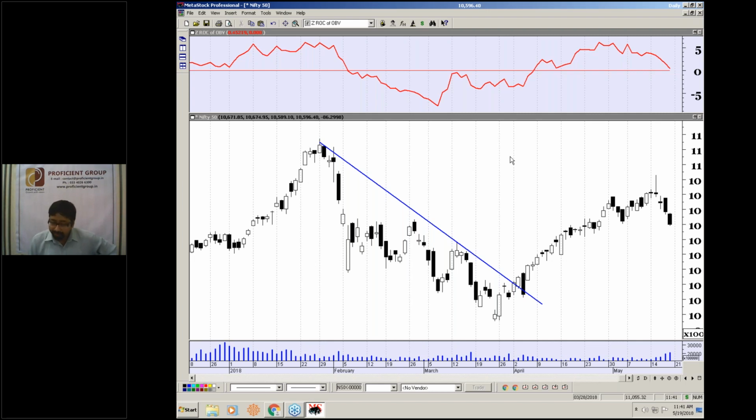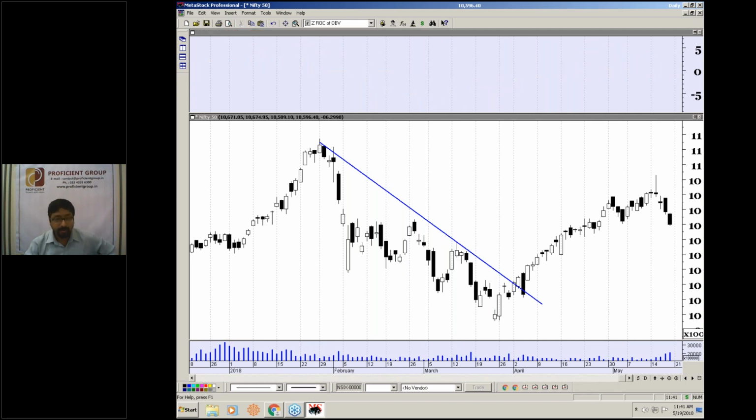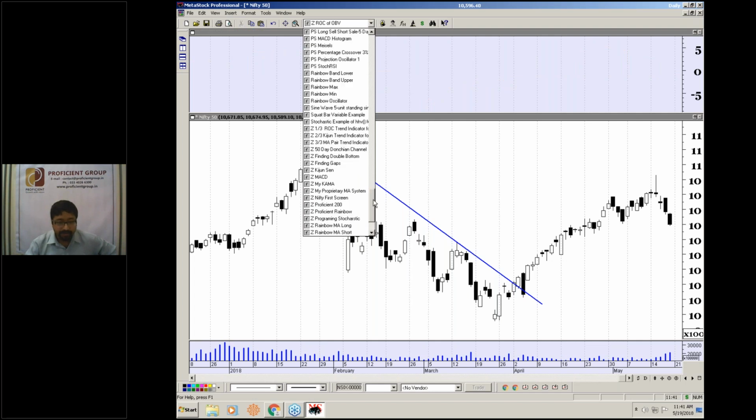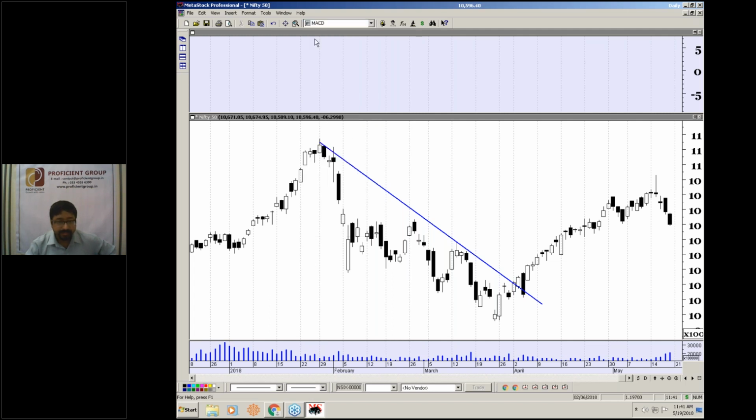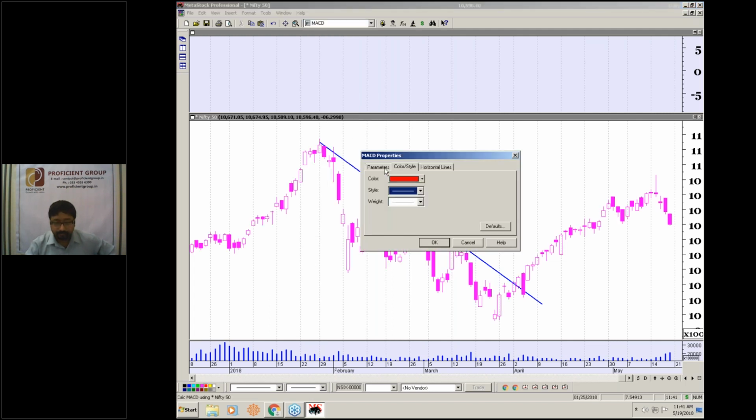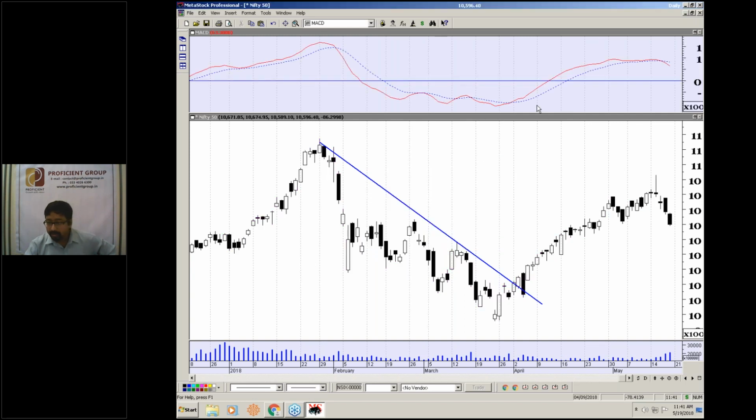Today, I would like to start one of my very favorite momentum oscillators, which is called MACD, moving average convergence divergence, right? Now, there are two kinds of oscillators. Some oscillators are bound to move between 0 and 100, right?